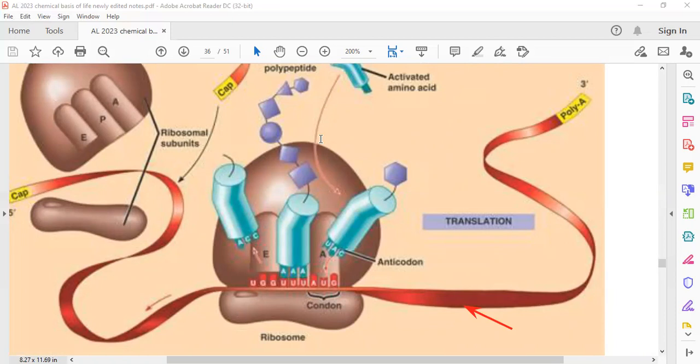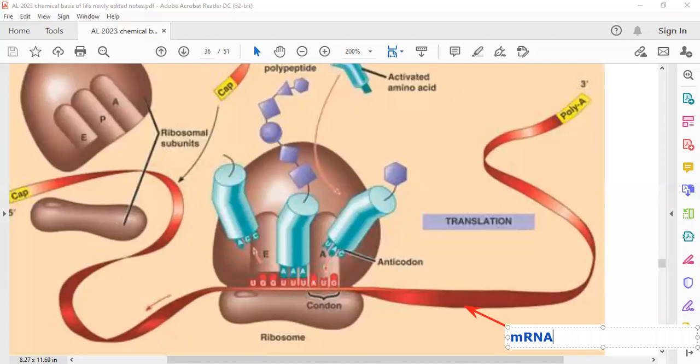The poly A cap. What is the RNA? mRNA. Okay.